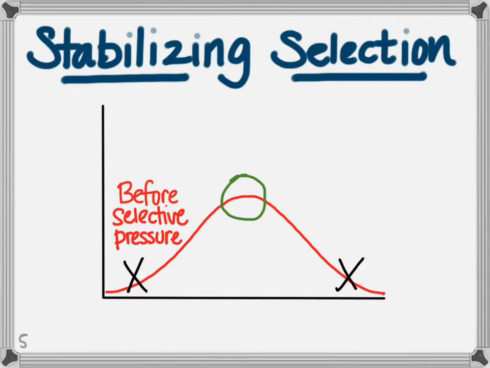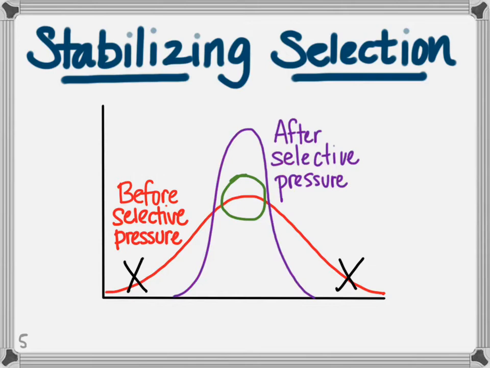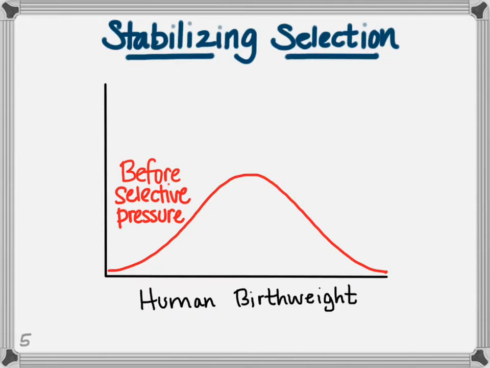When natural selection is having a stabilizing effect on a population, the normal distribution of a trait tends to get narrower over time.